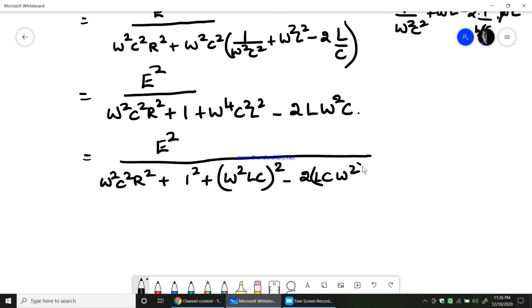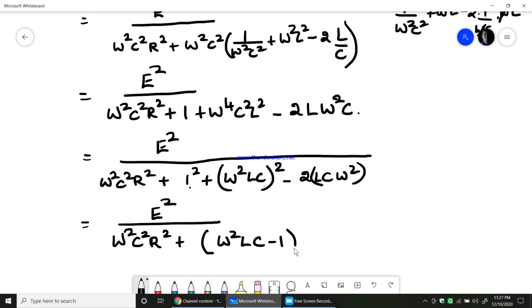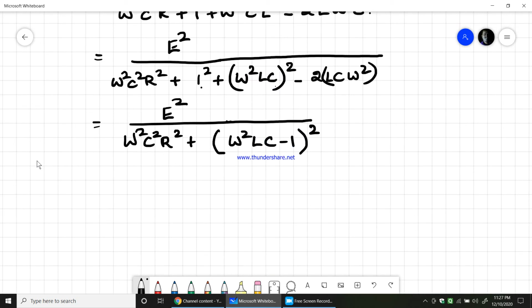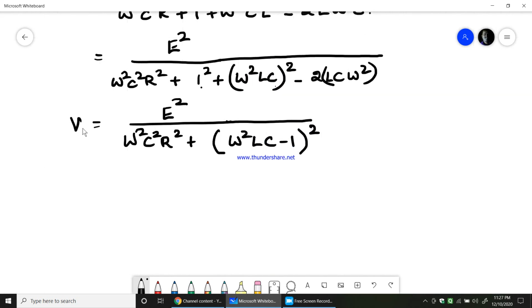If you see this, a square plus b square minus 2ab, therefore I can easily write this as E square by omega square c square R square plus (omega square LC minus 1) the whole square. Now this is what Vc square is.